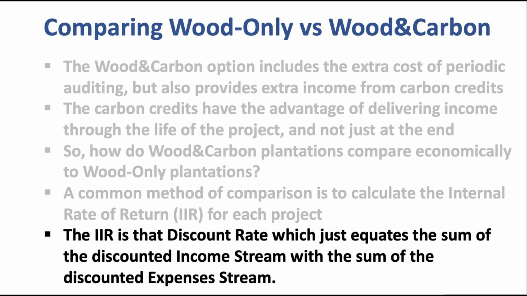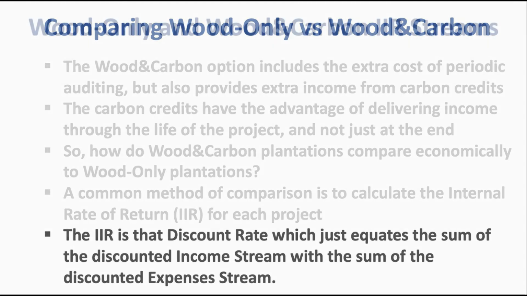Well, we've talked about discount rates before, and the internal rate of return is that discount rate which just equates the sum of the discounted income streams with the sum of the discounted expense streams. And it shows you what sort of interest rate your expenditures will return in terms of income.